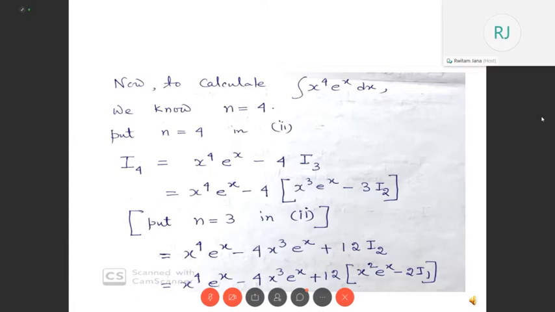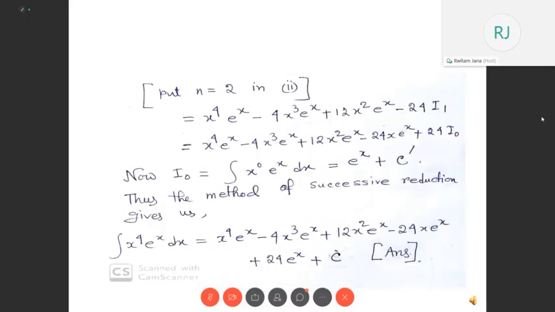Actually, you have to put n equals to 4, then n equals to 3, n equals to 2 successively, as this formula is true for n greater than or equal to 1. In this successive way you will get the values of I4, I3, I2 and similarly I1.